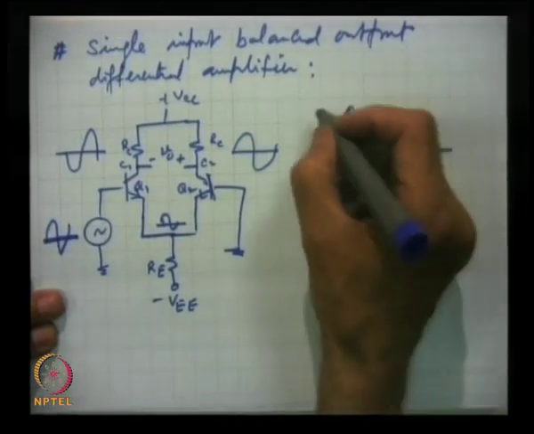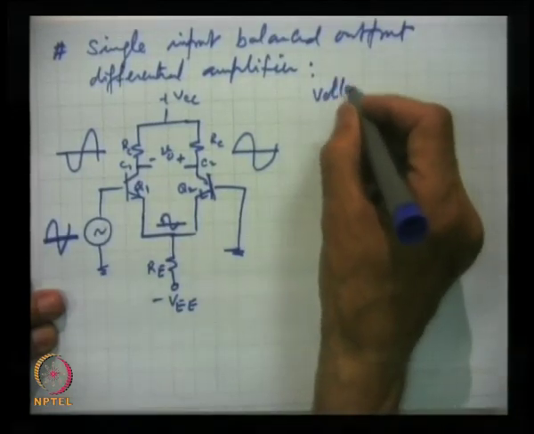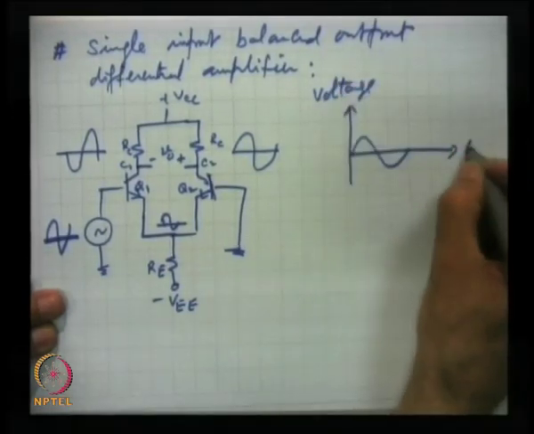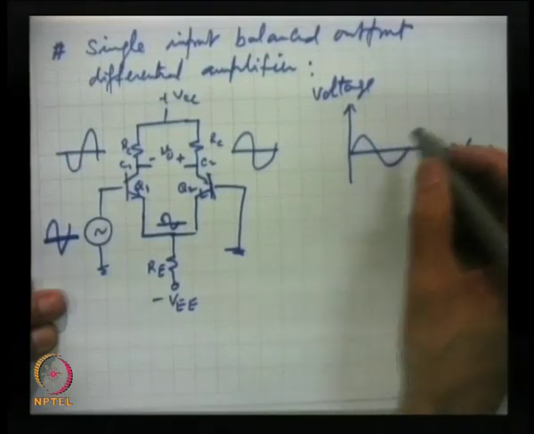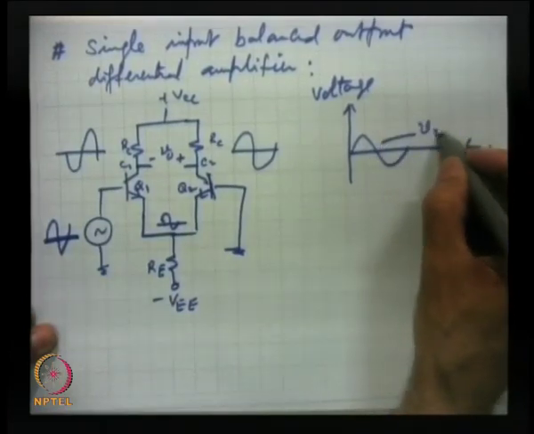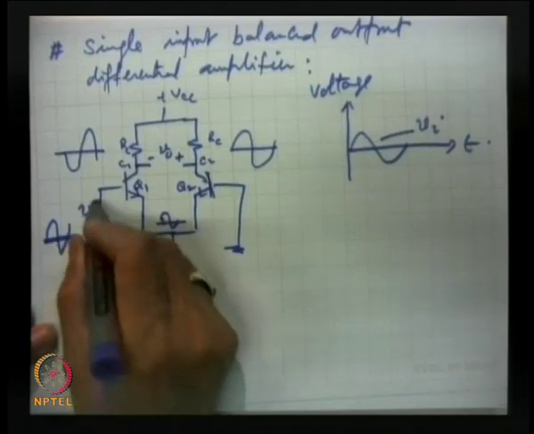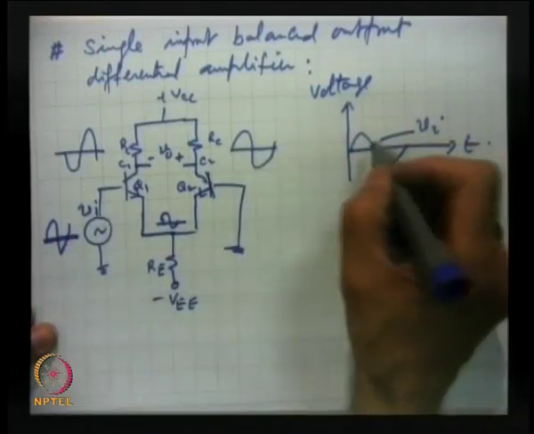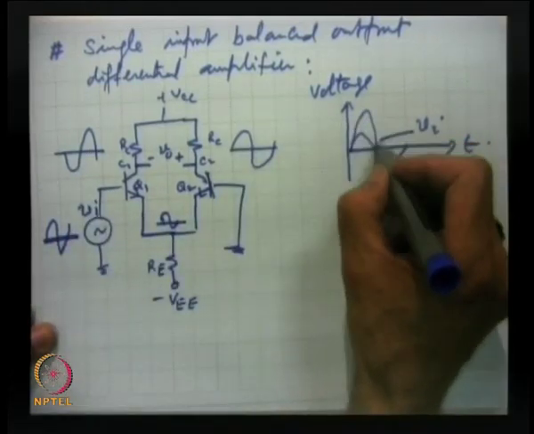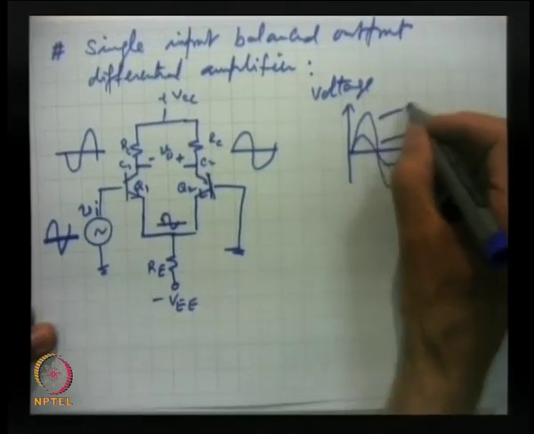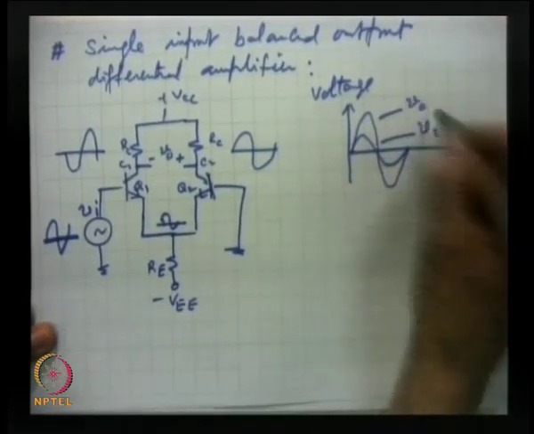This is the voltage against time, and this is for Vi, and output is in phase with it. This is V out.